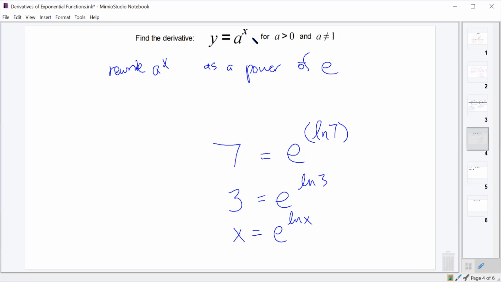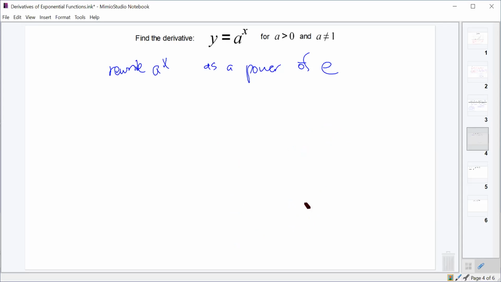So what is a to the x? a to the x ought to be e to the natural log of a to the x. Everybody agree with that? These things cancel each other out, right? If we want them to. We don't want them to because we know how to take the derivative of e to a power.